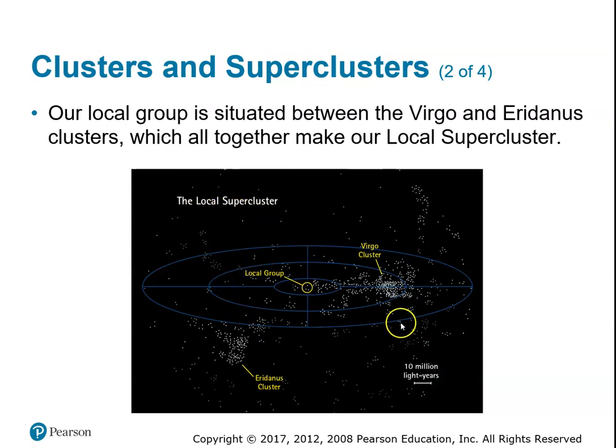So here's the local supercluster. It's also known as the Virgo supercluster. It's not in a plane like this. It's a huge volume of space. There's another local cluster. They're usually named after the direction in the sky where they lie, like what constellation they generally lie in. For example, there's another constellation in the sky called Eridanus, so there happens to be a cluster in that area.